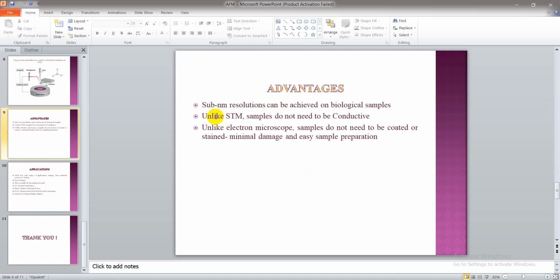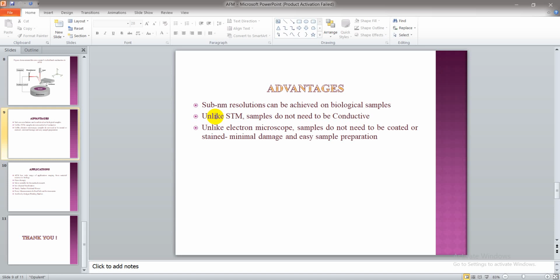Now these are the advantages. You have already analyzed, like sub-nanometer resolution can be achieved, beyond the optical diffraction limit, with the help of this AFM technique. Now this technique and one more technique that we are yet to analyze, scanning tunneling microscopy, where the sample needs to be conductive.